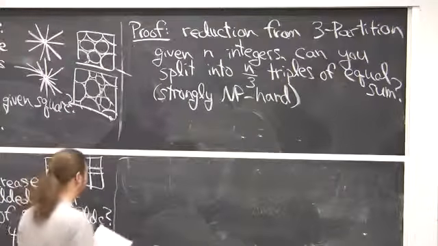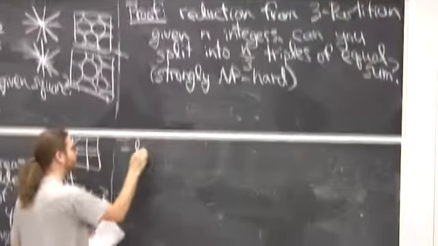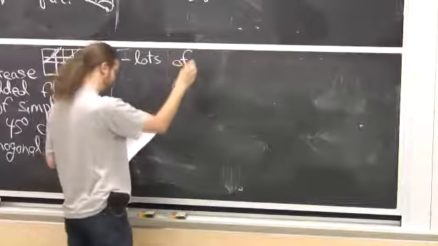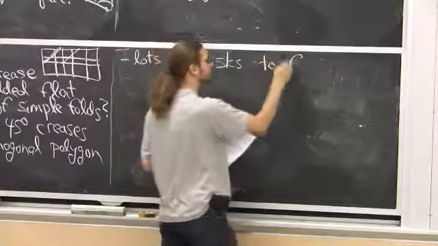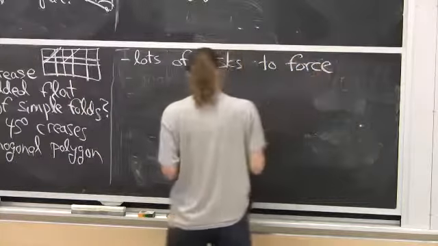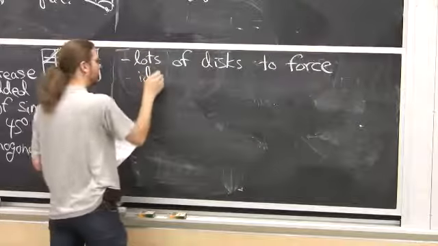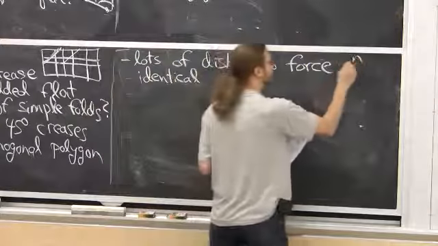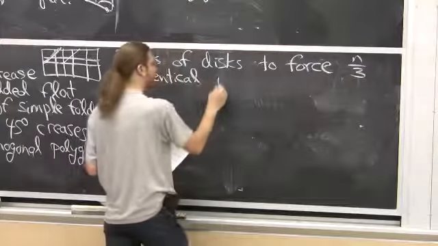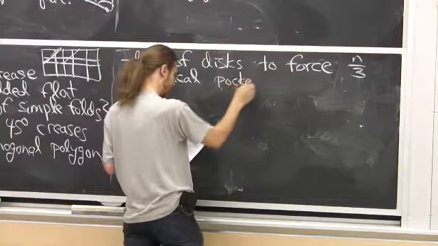And it's kind of crazy. I'll give you the high level picture. Let's say n over 3 identical pockets.